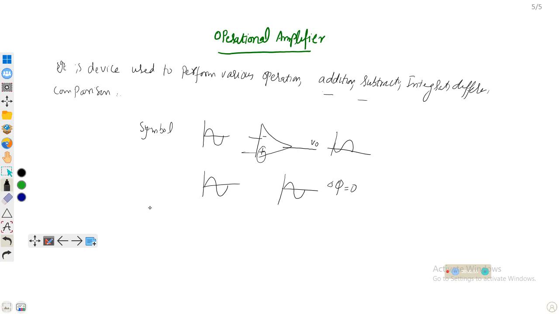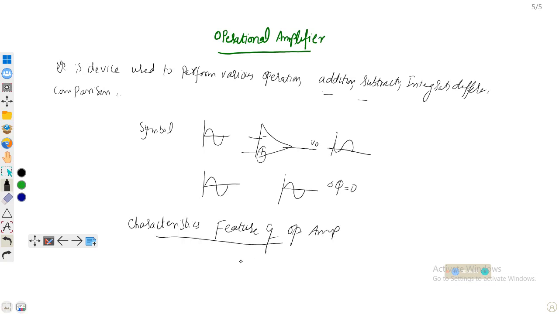Okay, the next point is the characteristic features of an ideal operational amplifier. What are its important points?